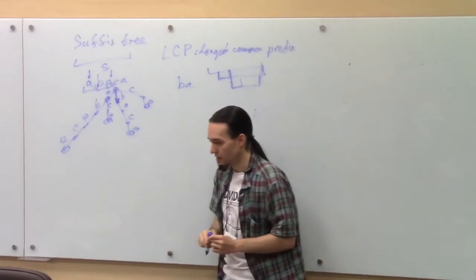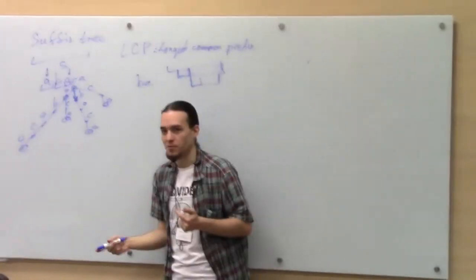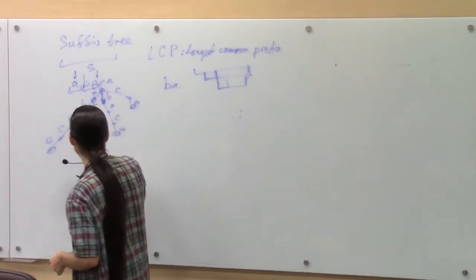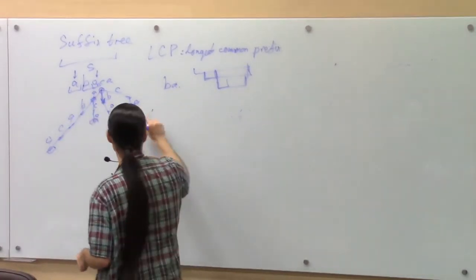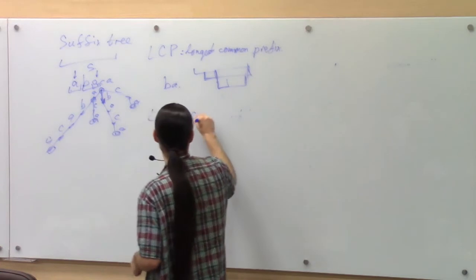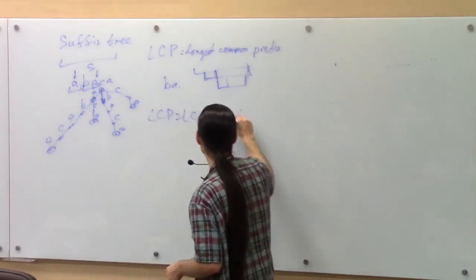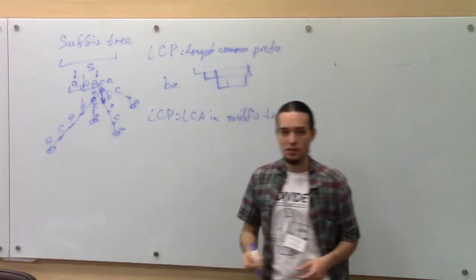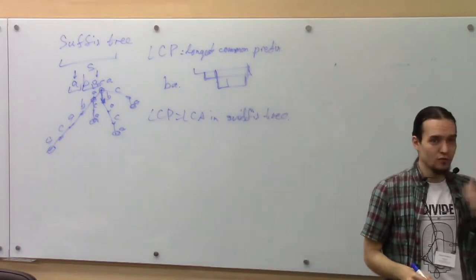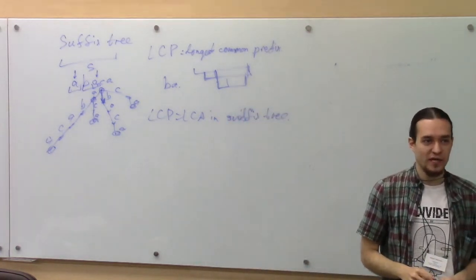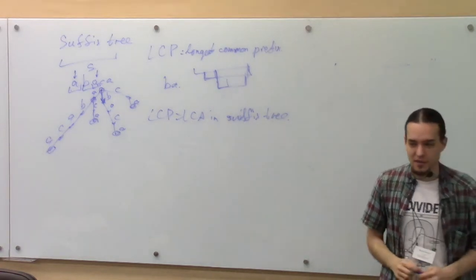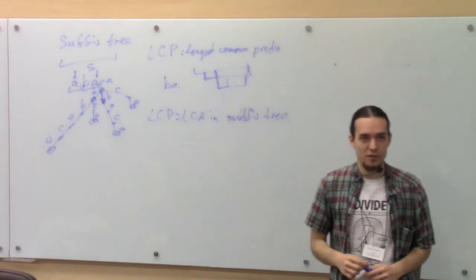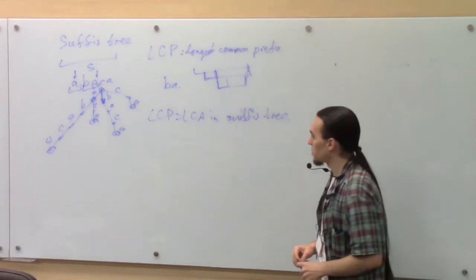So if we translate this to the tree language, we see that this vertex is exactly the LCA. Okay, so LCP is LCA in suffix trees. Which is cool because we know how to find LCA in logarithmic time, or you may even know how to do it in constant time.